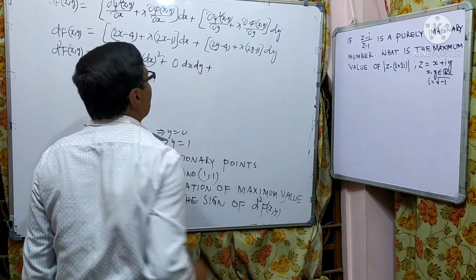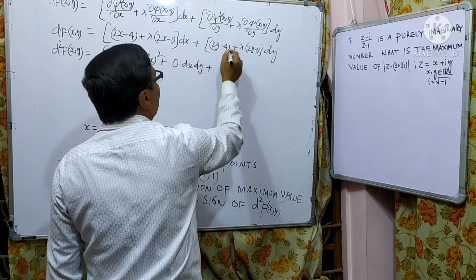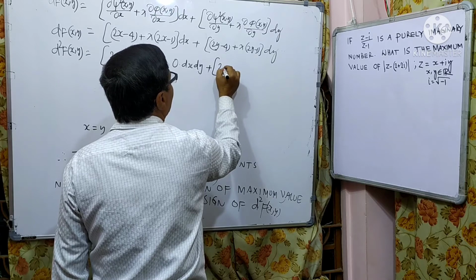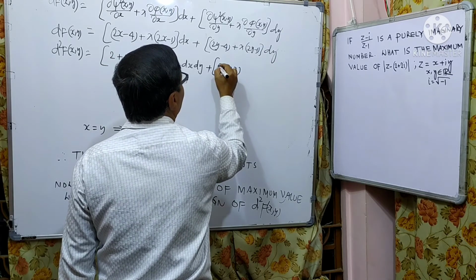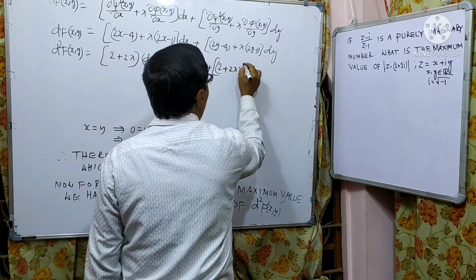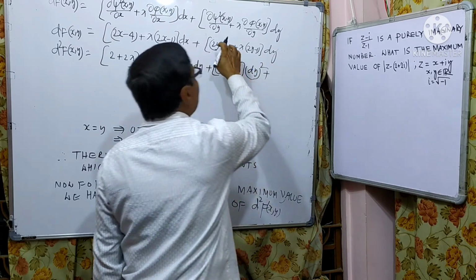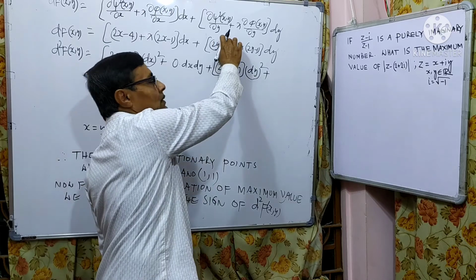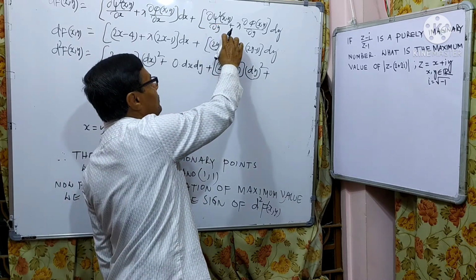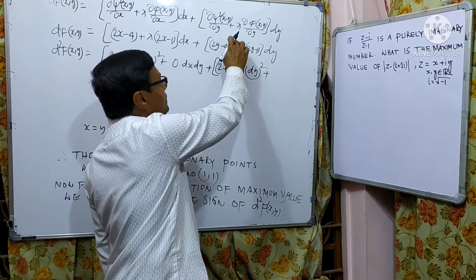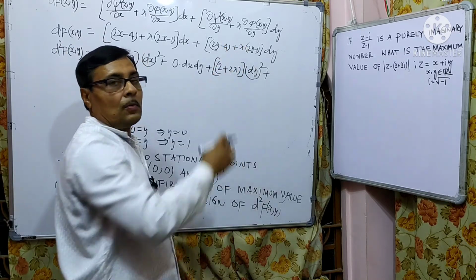Plus here we get also 2 plus 2 lambda, dy square. Again, if we take partial differentiation of this function with respect to x, this is 0 because this is the function of y.